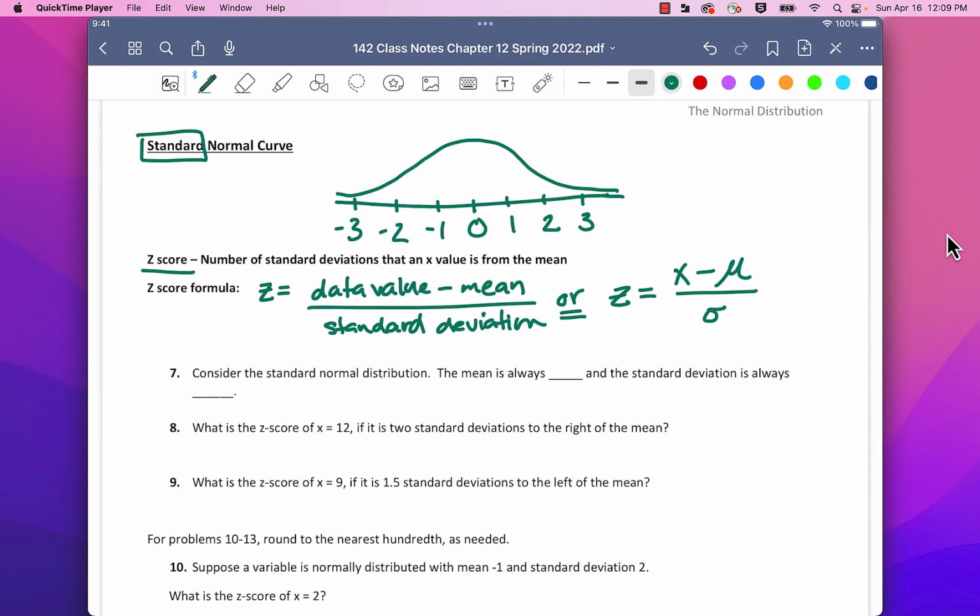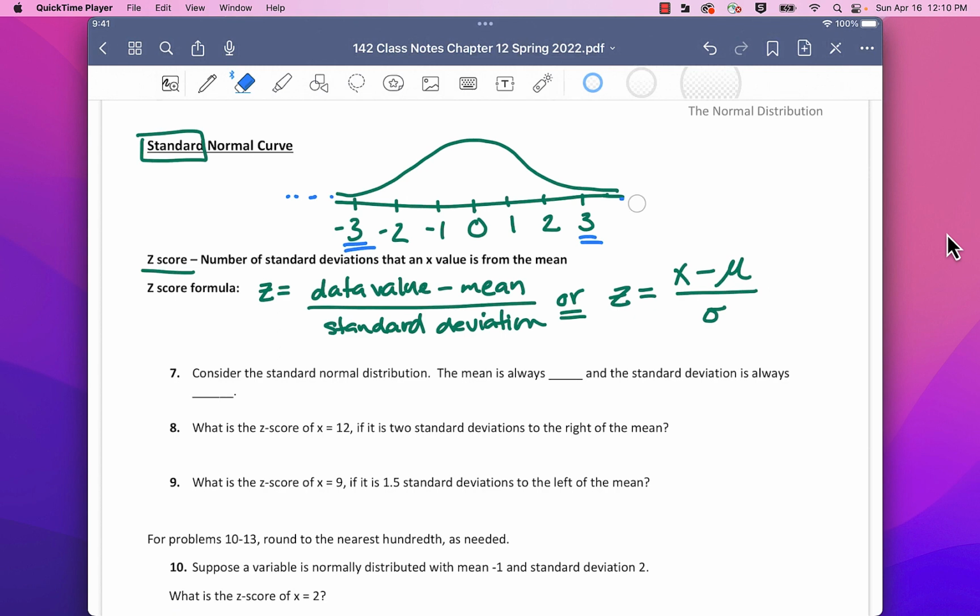You want to note that z-scores will almost always lie between -3 and 3, because what we know about the standard curve and about data that falls onto a standard distribution is that it's really rare for data to be past +3 or past -3.